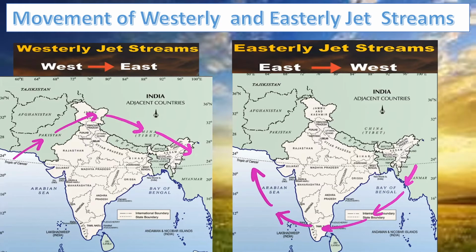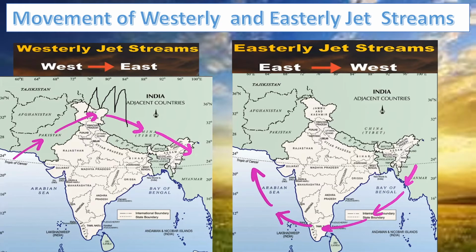In the first diagram, we can see the wind is blowing from west to east, and that is called the westerly jet stream. So here the wind is blowing from the Mediterranean Sea towards India, and the Himalayan mountains act as a barrier.